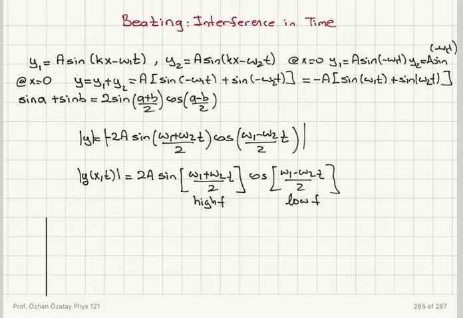So if I plot these together, I would see the following for y of x,t. At t equals 0, the cosine function gives me a 1. So I'm going to have an oscillation between these maxima, let's say.